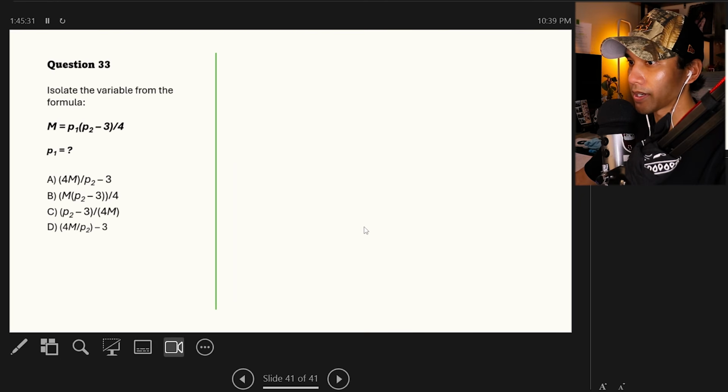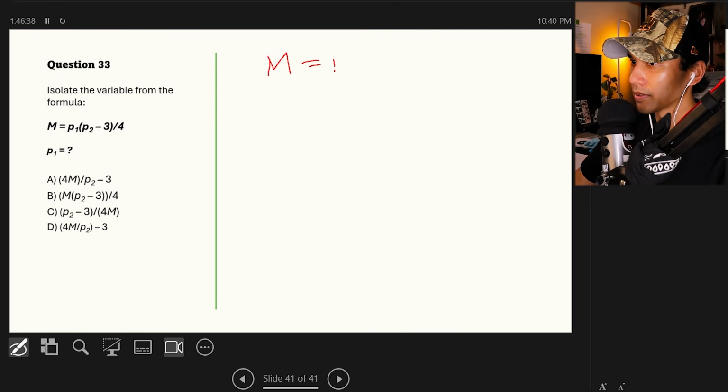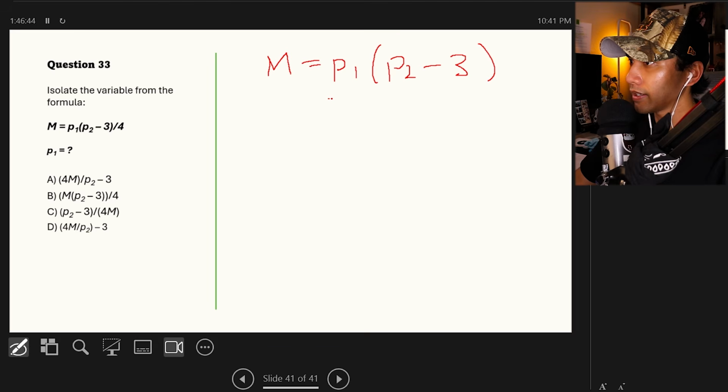Okay, next question. This is the last question. Oh my gosh. Okay, this one is actually easier than the previous one. So we're isolating P1. Okay, M equals P1, P2 minus 3. I think it's all over 4 like this.